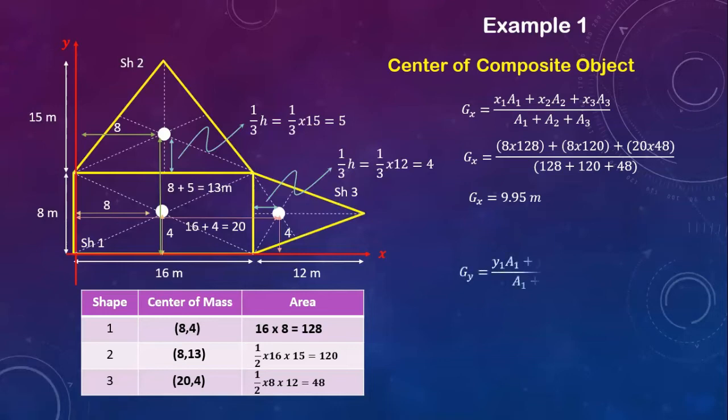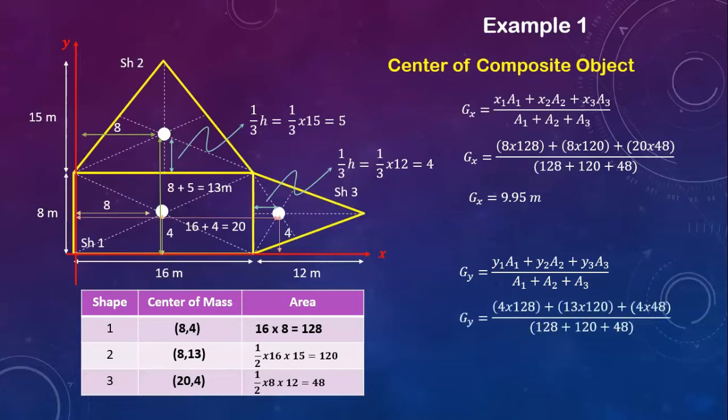Next, what about the center of the composite object for the y-axis, or y component? Gy is y1a1 plus y2a2 plus y3a3 divided by the total area. By inserting the data from the table, we have 4 times 128 plus 13 times 120 plus 4 times 48, divided by 128 plus 120 plus 48.